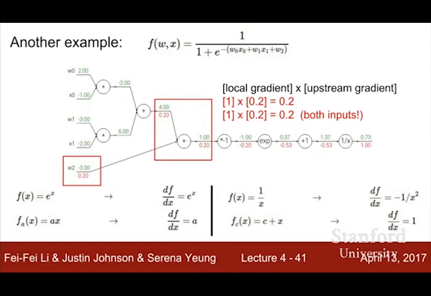So our local gradient looking at our top stream is going to be 1 times the upstream gradient of 0.2, which is going to give a total gradient of 0.2. And then for our bottom branch, we do the same thing. Our upstream gradient is 0.2, our local gradient is 1 again, and the total gradient is 0.2. So is everything clear about this?